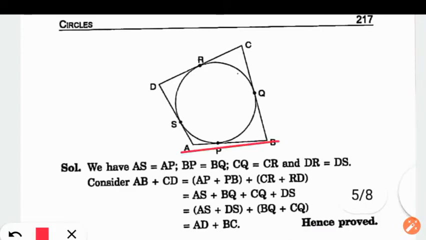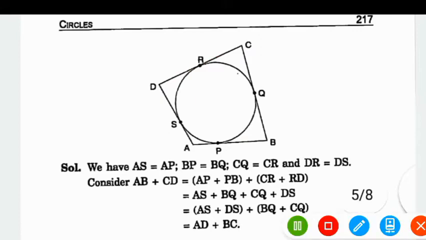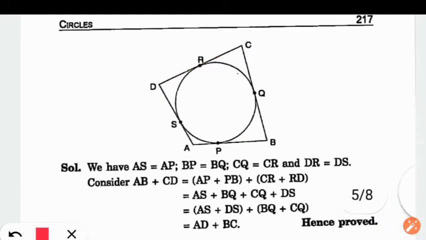AB plus CD. Now in place of AB, can we write AP plus BP? We can write, because AB is the sum of A to P and P to B, right? So we can write this. Similarly, in place of CD, we can write CR plus RD, right?